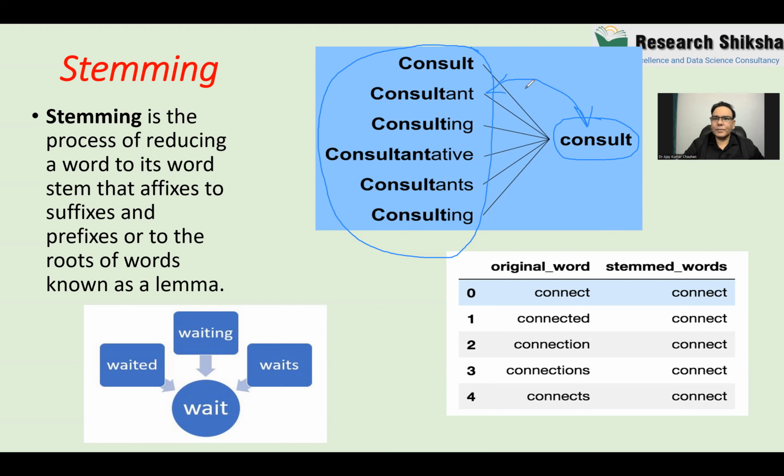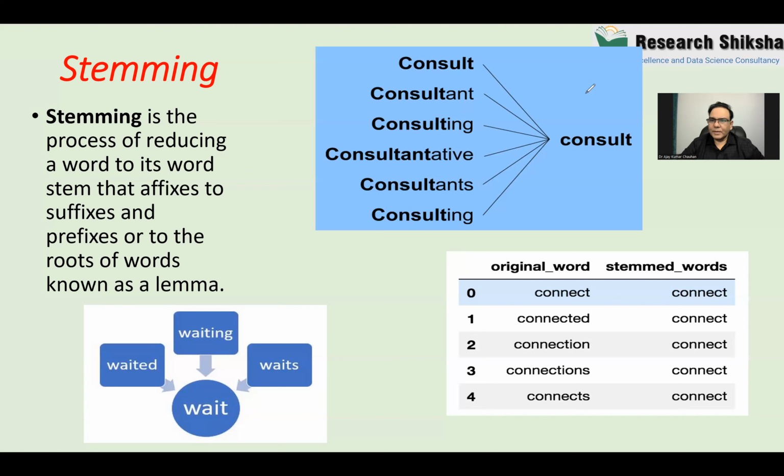For example, in one of the studies, we were using the word education. Now words like educators are coming. We were doing research on online education, and we had words like education, educator, educating, educate. So the question is, can we consider all these words the same or are all the words different?